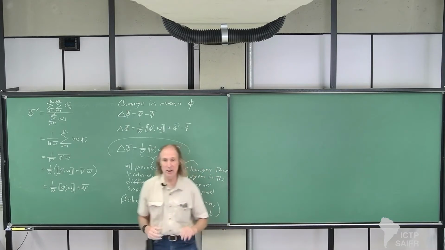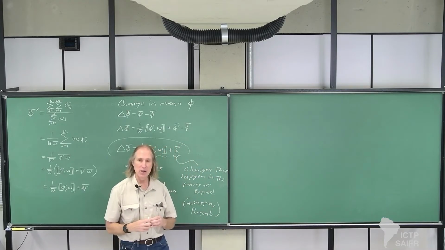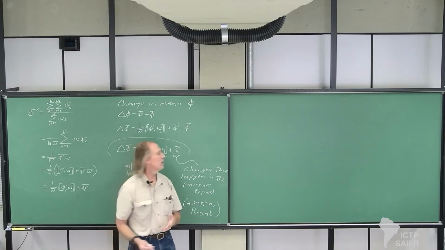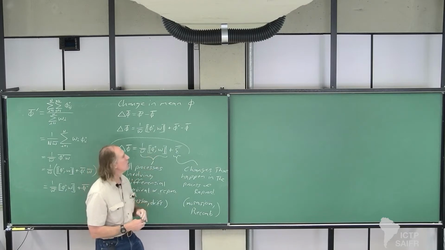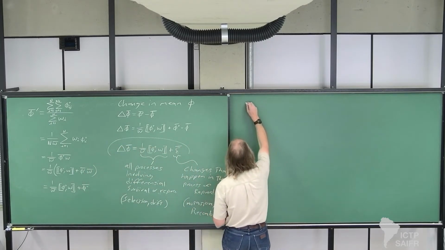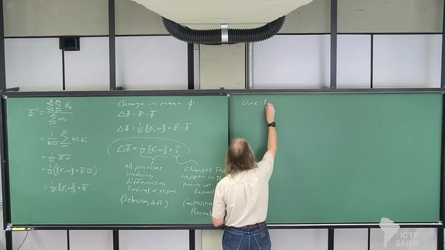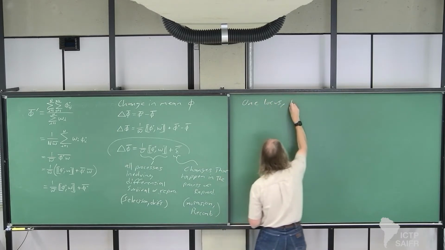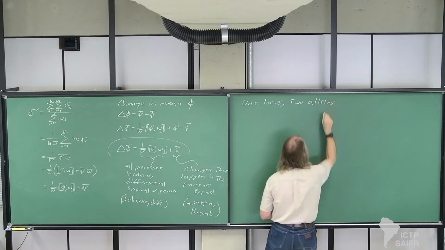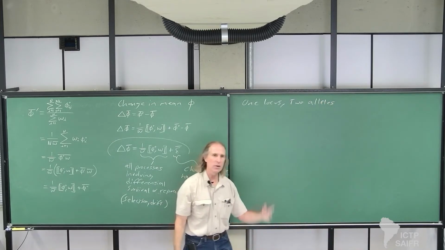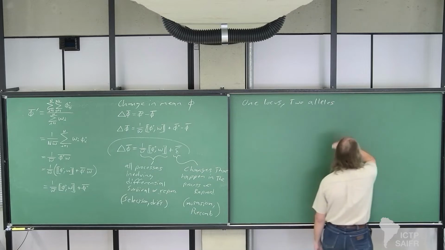So we're now going to talk about changes in allele frequencies that involve selection. And we're going to derive our results from this equation. Okay, so we're going to consider a case of one locus with two alleles. If you have one locus and two alleles, there are 3 genotypes.